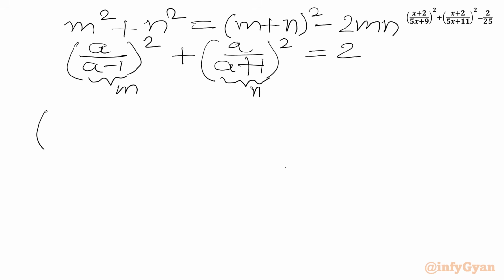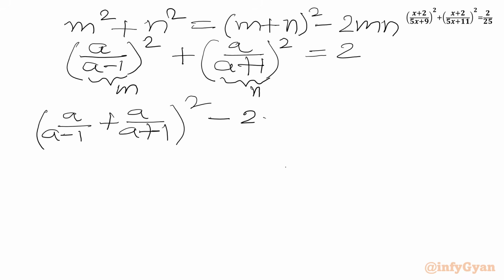So we have to add both, a over a minus 1 plus a over a plus 1, then put the whole square. This is (m plus n) whole squared minus 2 times mn, so I will write a over a minus 1 times a over a plus 1, equal to 2.